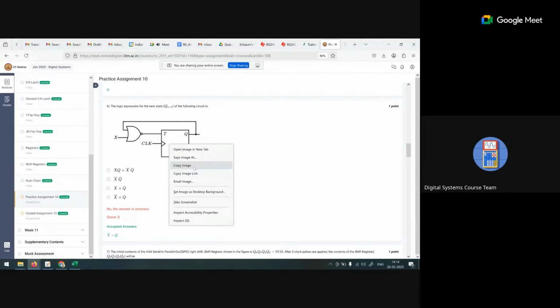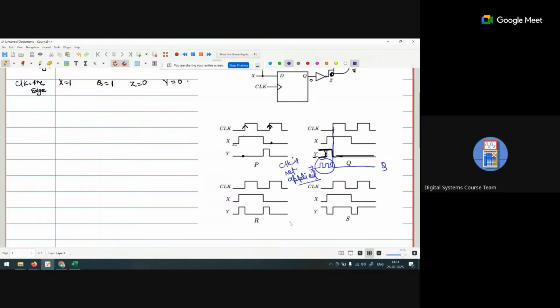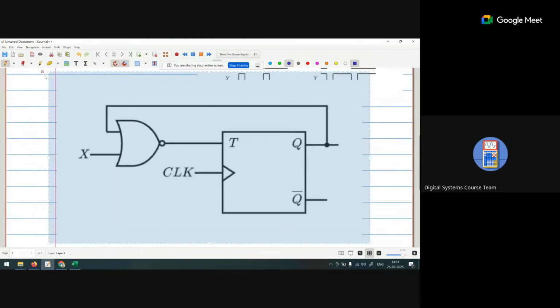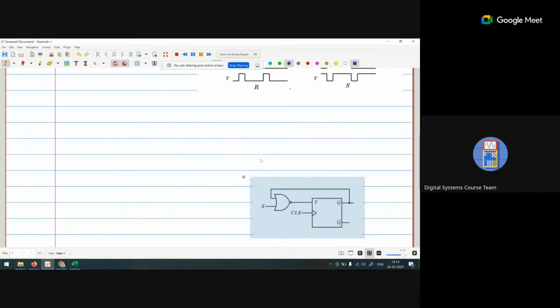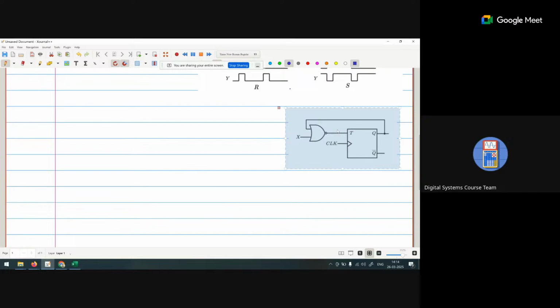If we take this one, T is nothing but X plus Q_n bar, because it is a NOR gate.